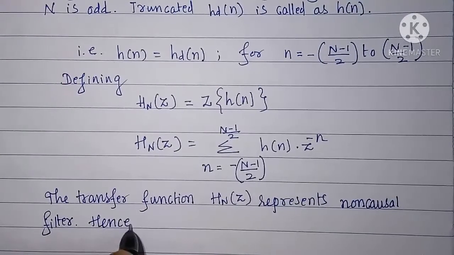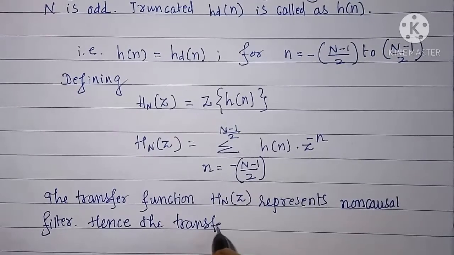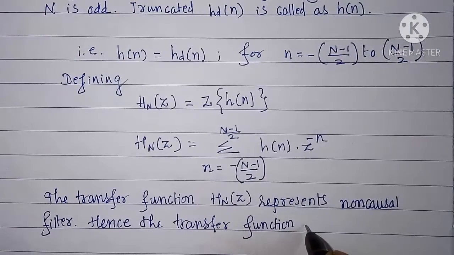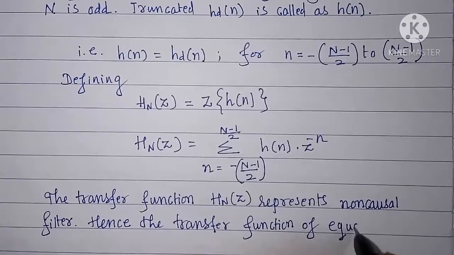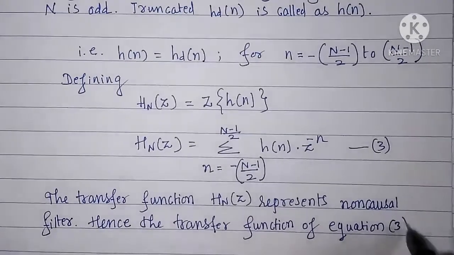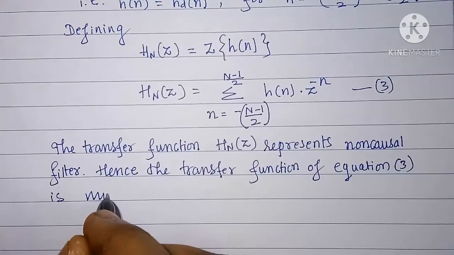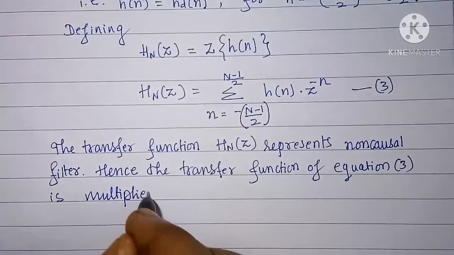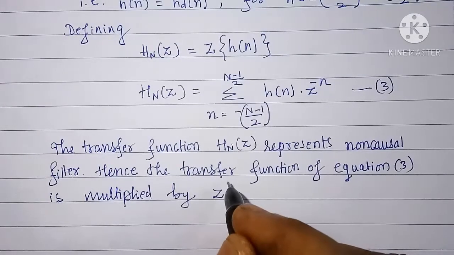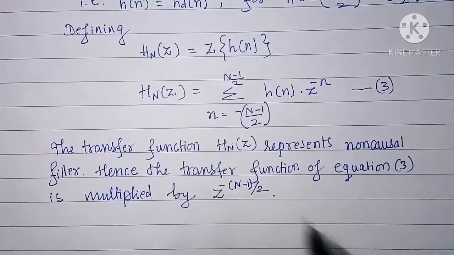Hence, the transfer function of equation 3 is multiplied by z raised to minus of N minus 1 by 2.